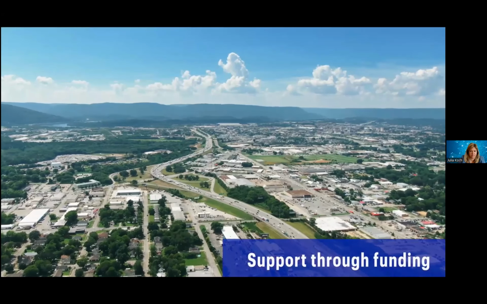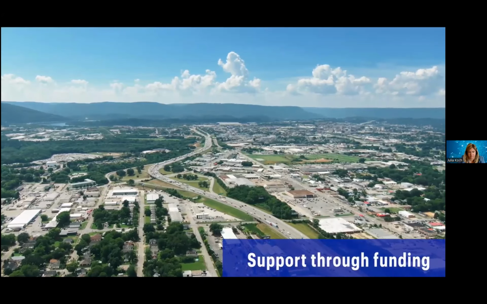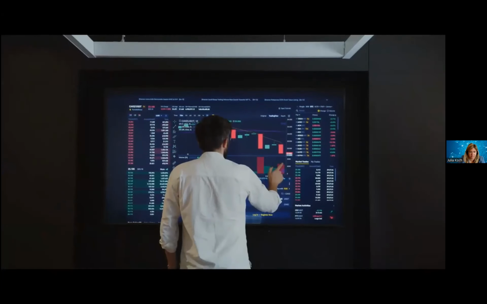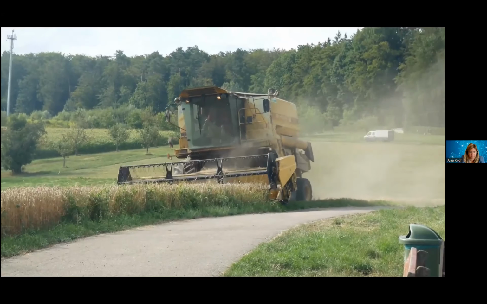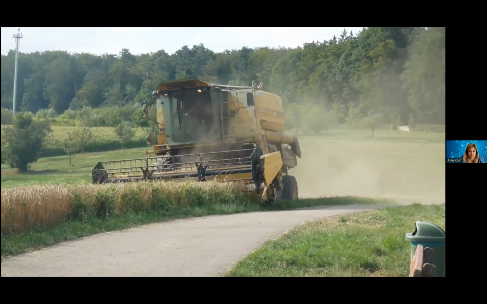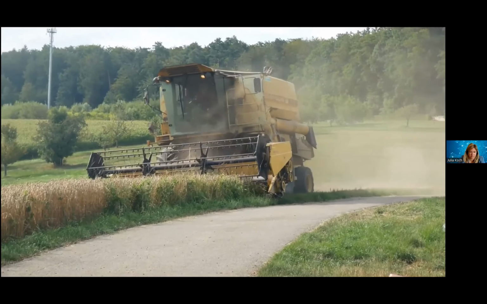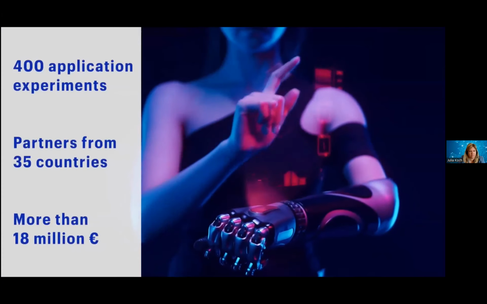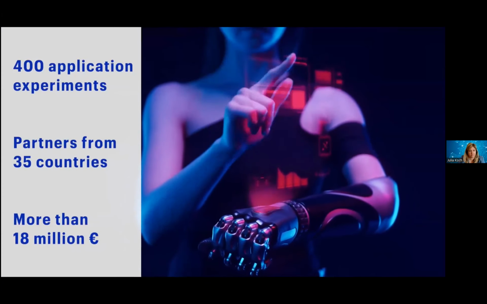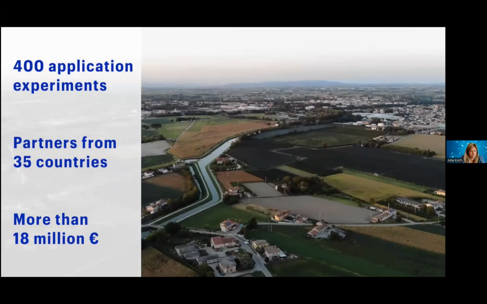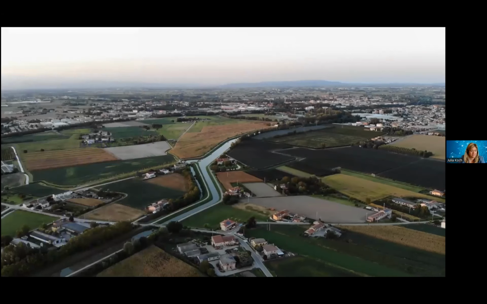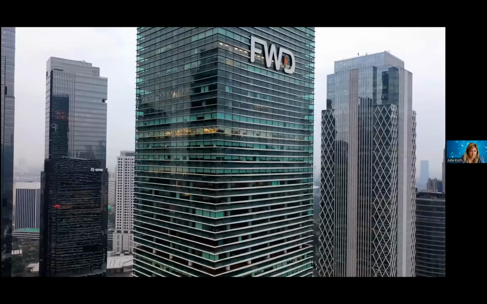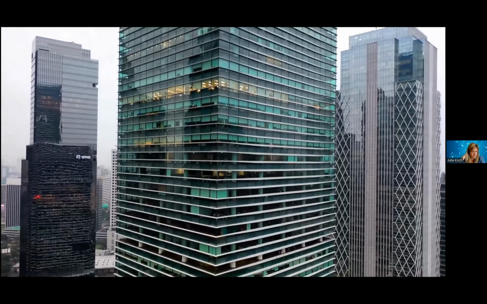Over the past 5 years, innovation activities under the SAE Initiative have supported startups, SMEs, and mid-caps across Europe on their journey to the next digital innovation by providing direct funding. Since the start of the SAE Initiative, about 400 application experiments have been started with partners from 35 countries and a total volume of more than 18 million euros. Let's take a closer look at some of them.